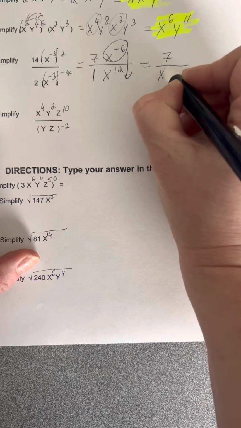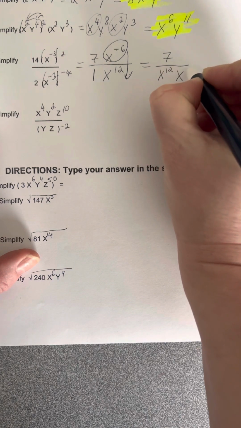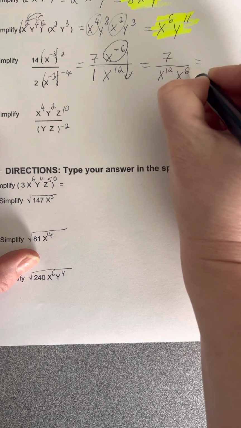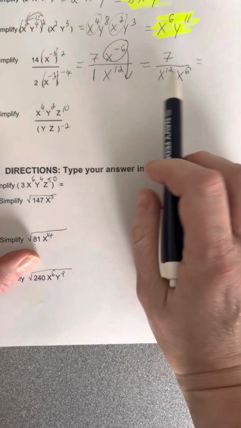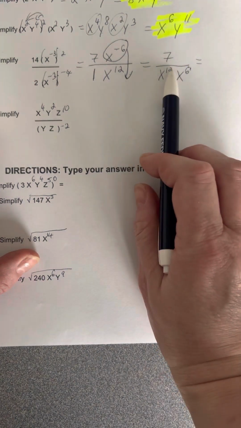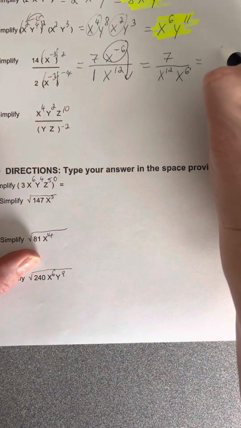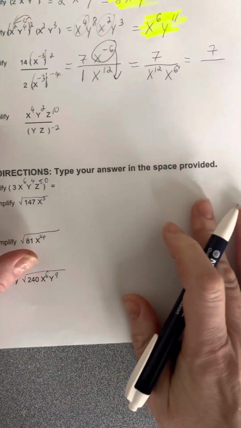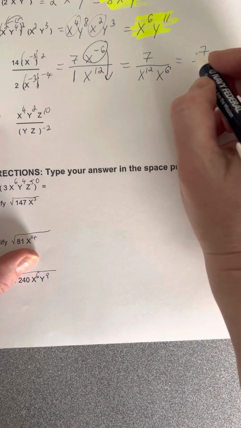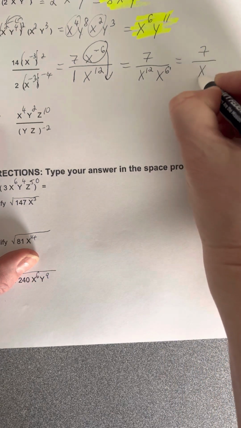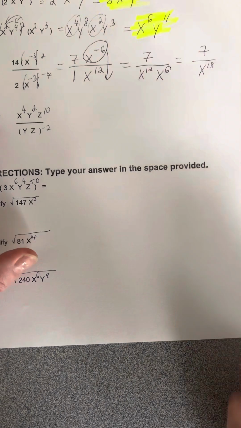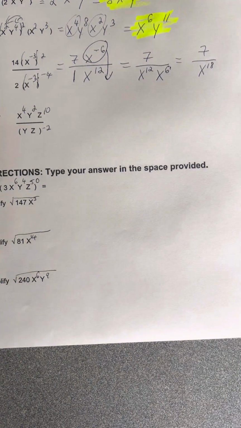So we have x to the 12th power and x to the 6th power. Now, we're still not done because x and x are in a multiplication state. So we would be adding the exponents. And 12 plus 6 is 18. Now that's our answer. All done.